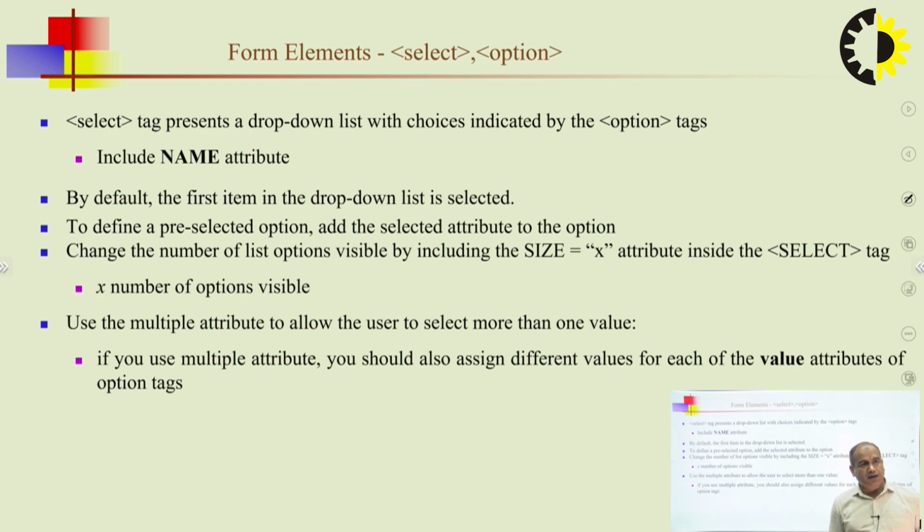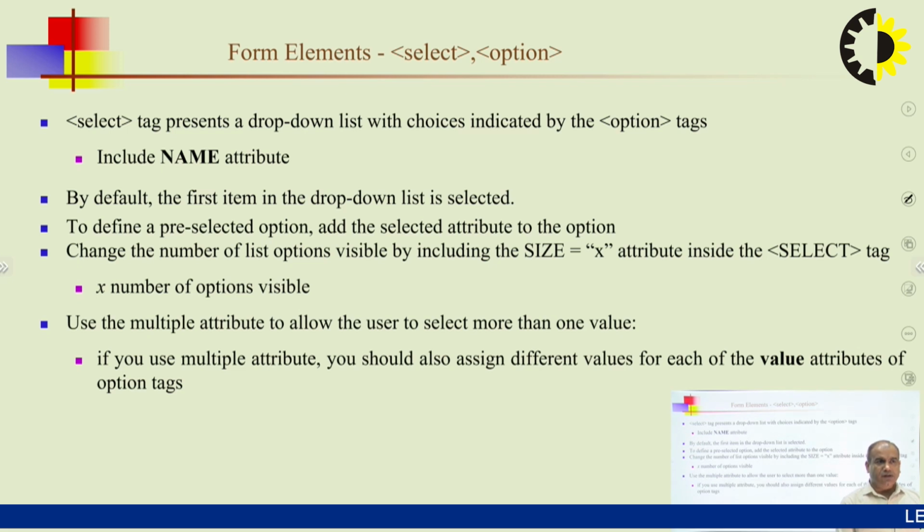Next important thing is select and option. Here the select tag represents a drop down list with choices indicated by the option tag. It includes a name attribute. By default, the first item in the drop down list is selected. To define a pre-selected option, add the selected attribute to the option.